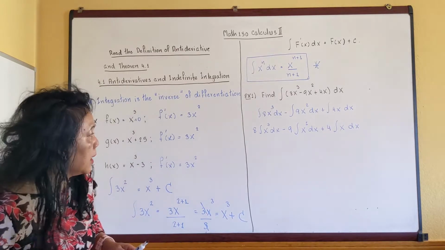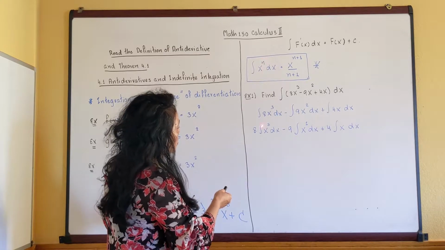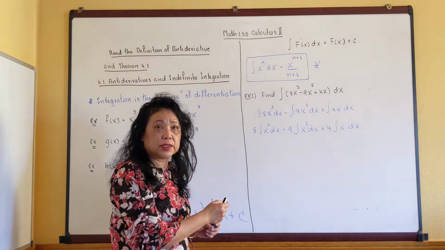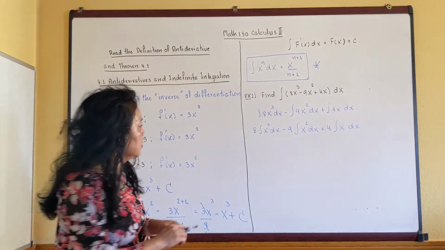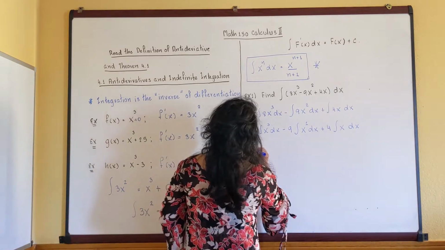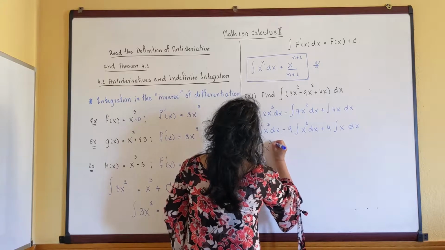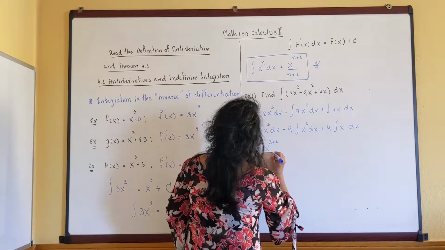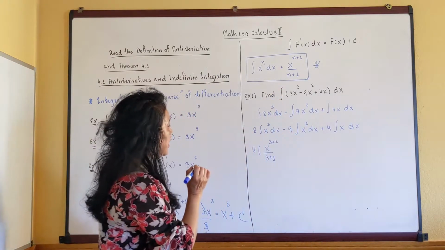Now I'm going to apply this rule here because I have a variable to an exponent: x to the cube, x squared, and this is x to the first. I can apply this formula here. The first term, I'm going to have 8 times x to the 3 plus 1 over 3 plus 1. Apply that formula there.